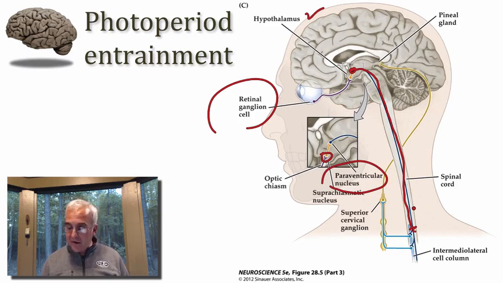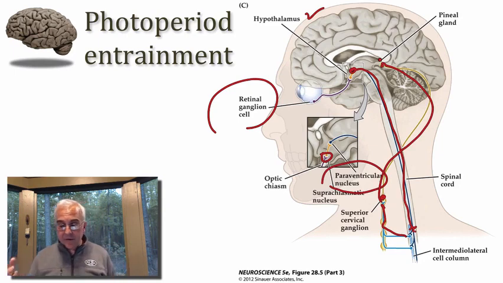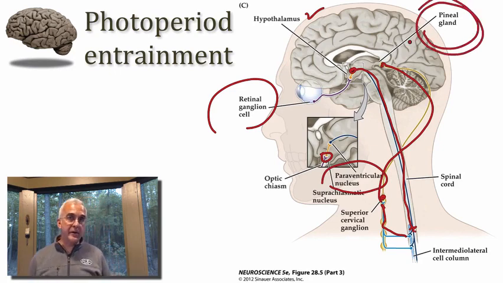And some of those preganglionic sympathetic neurons will synapse on the superior cervical ganglion and activate our ganglionic sympathetic neuron that innervates the pineal gland. So in this way, turning on the suprachiasmatic nucleus and the hypothalamic circuit at just the appropriate time during our circadian cycle can lead to the production of melatonin by the pineal gland.